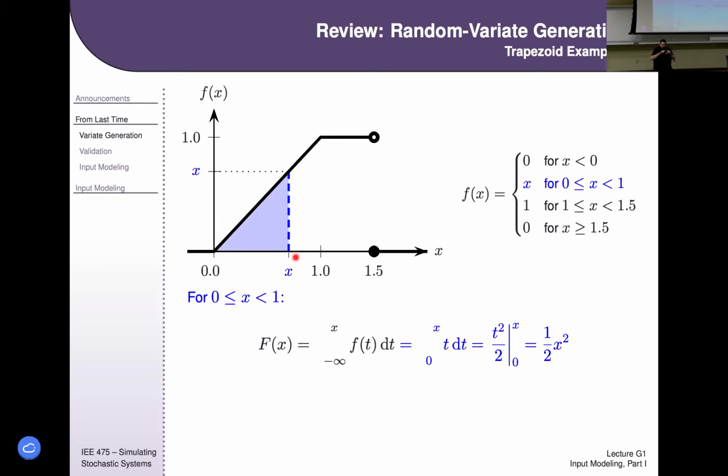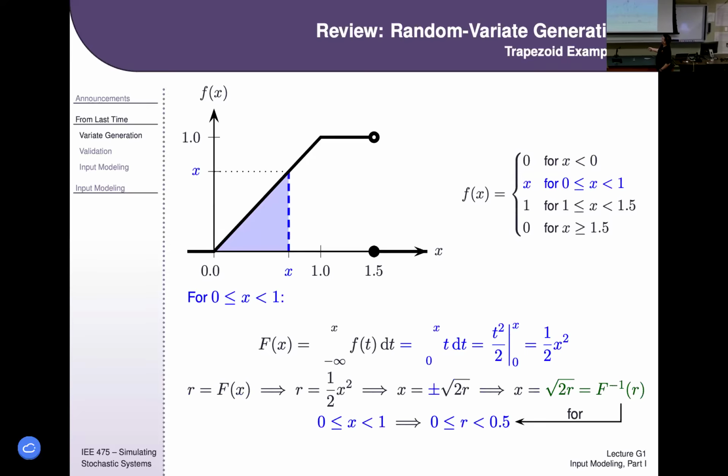Up to this point in X, it's the area of this triangle, 1/2 base times height. That's this thing here, and then you could invert that. So once you have the 1/2 base times height, for this region, this is how you invert it.